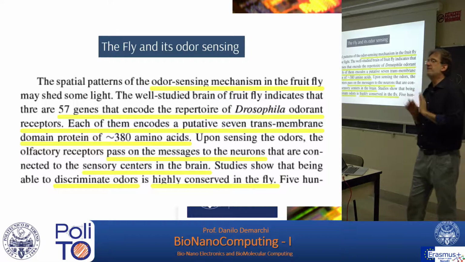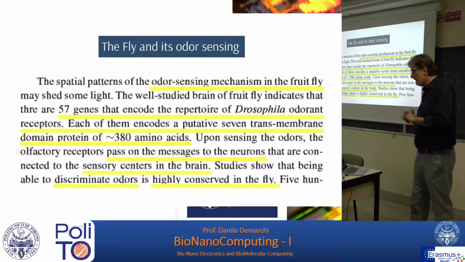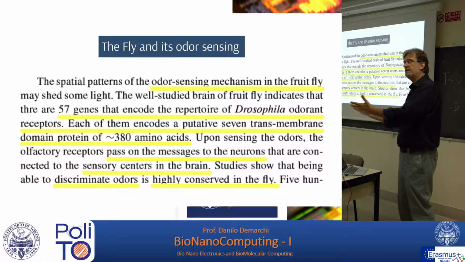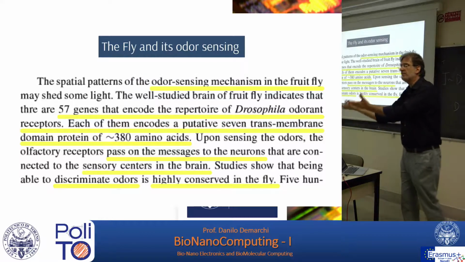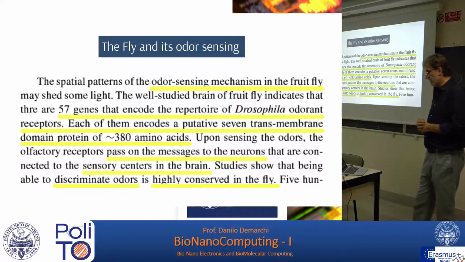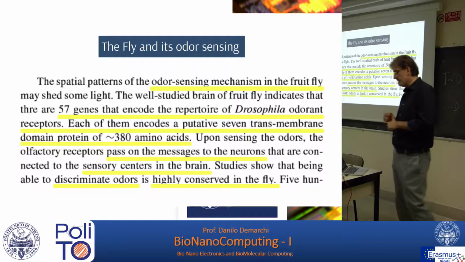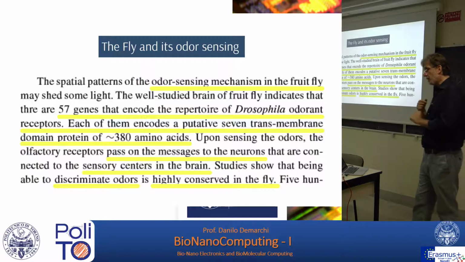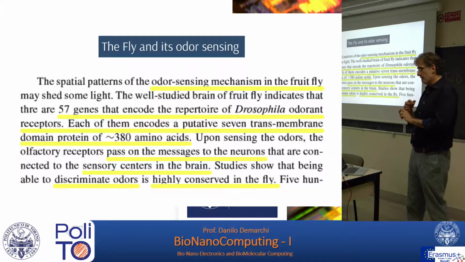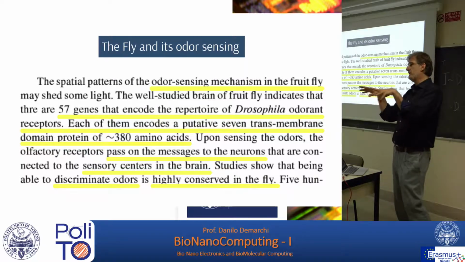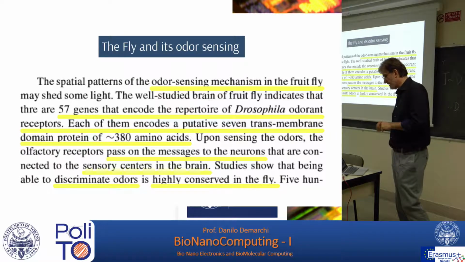It has 57 genes that code the possibility to detect a specific flower or something that is needed for living. The first thing, each gene encodes 7 transmembrane proteins built of 38 amino acids.